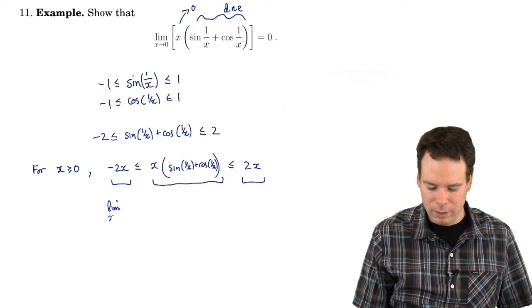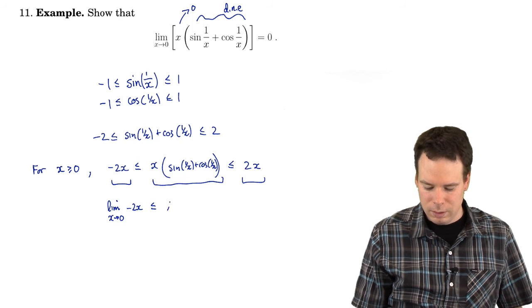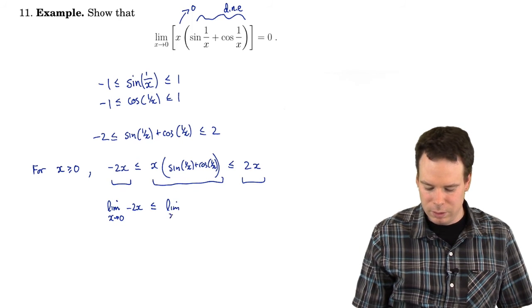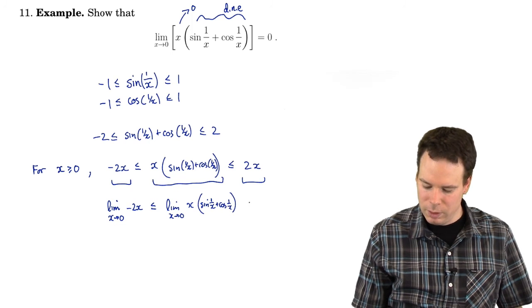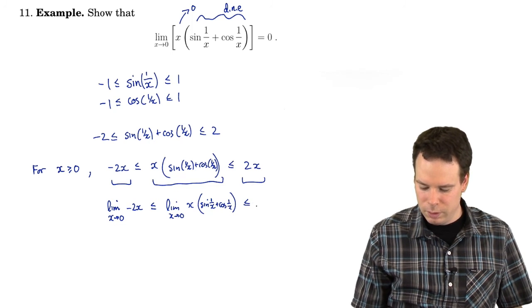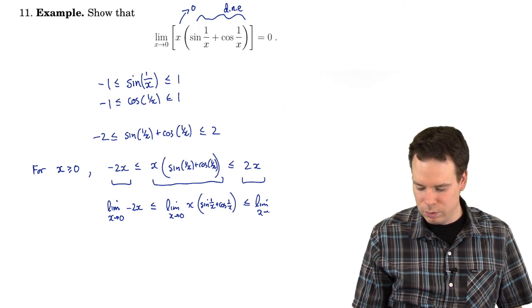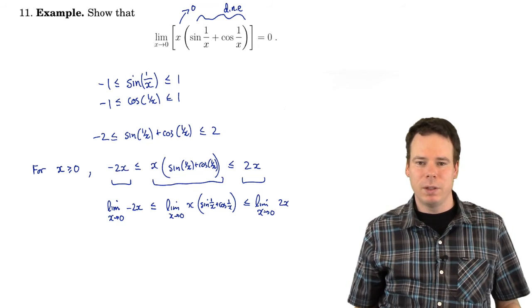So here's how I'll write that. The limit as x goes to 0 of negative 2x has to be below the limit as x goes to 0 of the function we're interested in, x times sine of 1 over x plus cos of 1 over x, and that's below the limit as x goes to 0 of 2x. Notice I'm just using that comparative property of limits twice now.